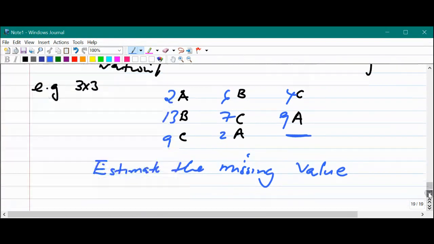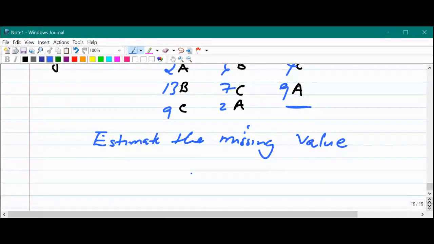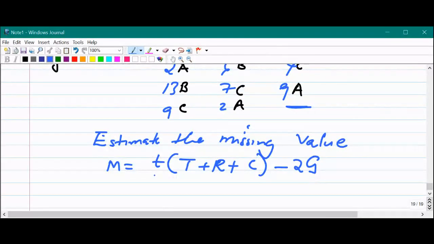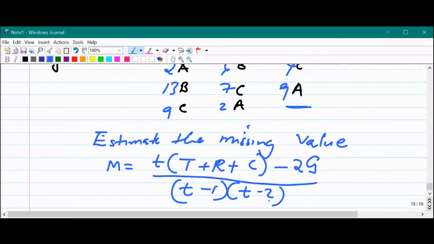So for a Latin square design, to estimate a missing value, you will need the following formula. M equals t times capital T, the sum of the treatment, plus the sum of the rows, plus the sum of the columns, minus 2 times the grand total, divided by (t minus 1)(t minus 2).